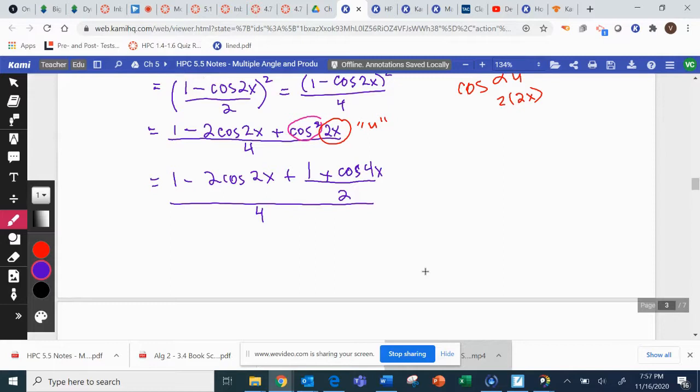Let me separate that, dividing by 4, also known as multiplying by 1/4. I'm going to distribute that 1/4 to everything.